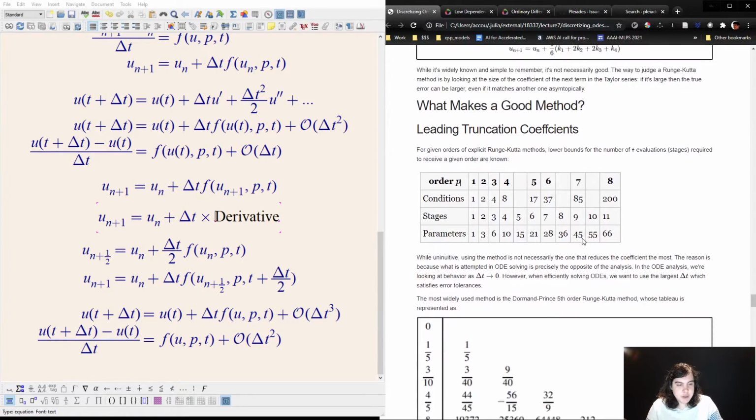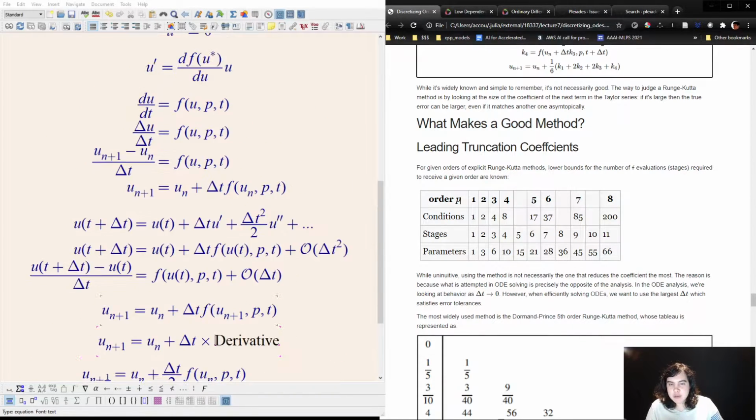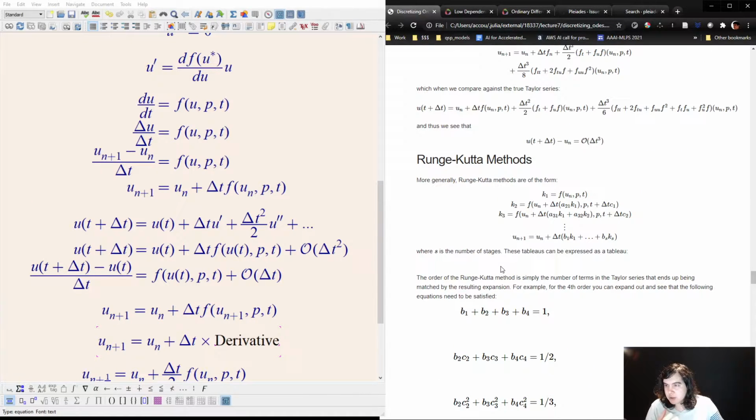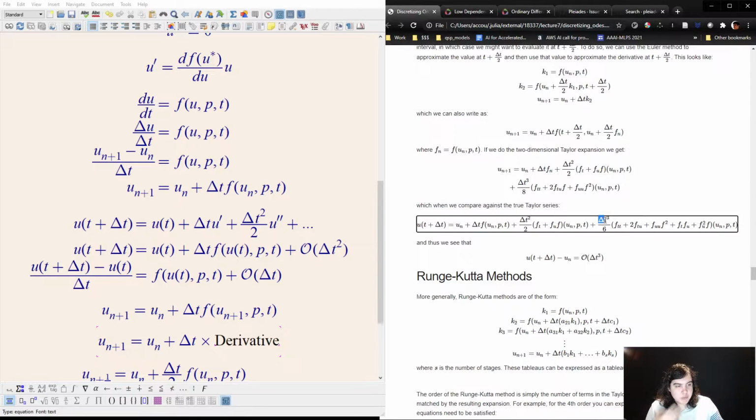One thing that you can look at is order, right? As the order increases, you're calculating more and more of the Taylor series expansion correctly. That's good. But more rigorously, as you decrease delta t, the higher order method will decrease its error faster. Not only that, but the actual terms of the expansion are going to be much smaller.